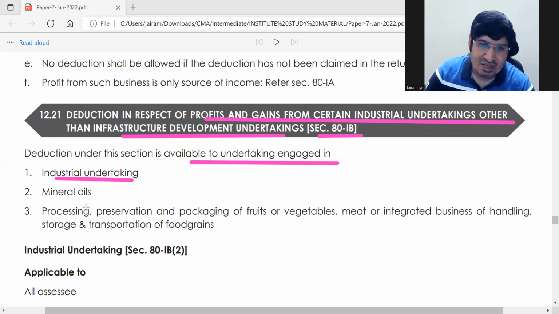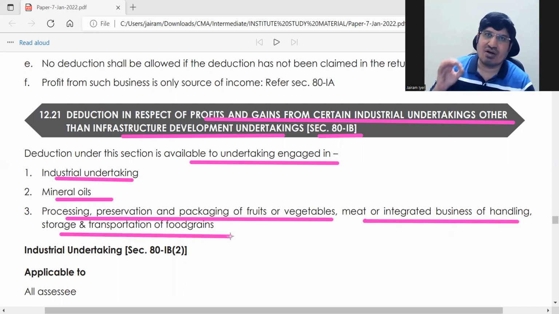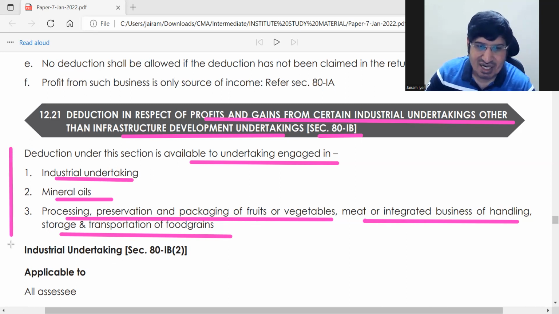Two is mineral oils, and third is processing, preservation, and packaging of eatables like food, fruits, vegetables, meat, and handling, storage, and transportation of food grains, all eating stuff. So processing and preservation of food, fruits, vegetables, meat, or food grains. These are the businesses which are covered under 80 IB.